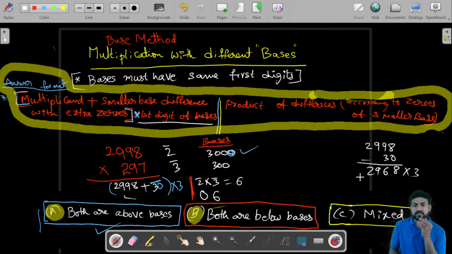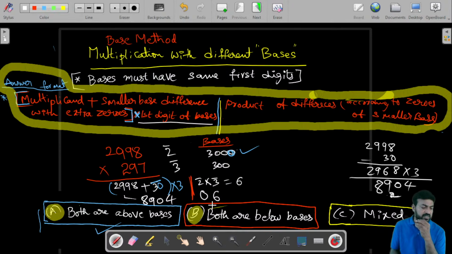Into 3, the first digit of base. 3 fours are 12, 2 here, 1 carry over. 3 sixes are 18 plus 1, 19, 9 here, 1 carry over. 3 nines are 27 plus 1, 28, 8, 2 carry over. 3 twos are 6 plus 2, 8. So 8904 is the answer in the first part.